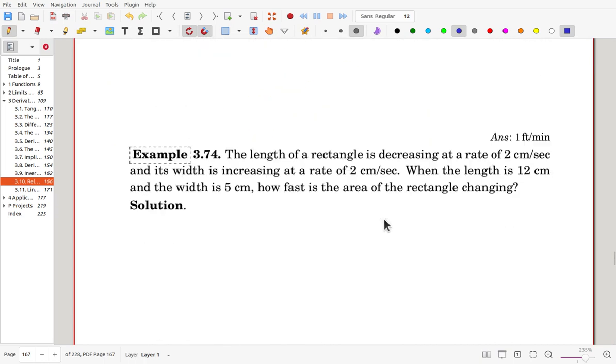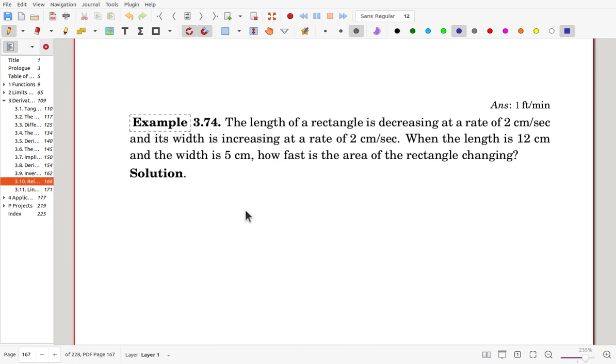In this example, what we have to do first is name the variables, write a related equation, and differentiate the equation with respect to time. Here is a rectangle problem. The length of the rectangle is decreasing at a rate of 2 centimeters per second, and its width is increasing at a rate of 2 centimeters per second.